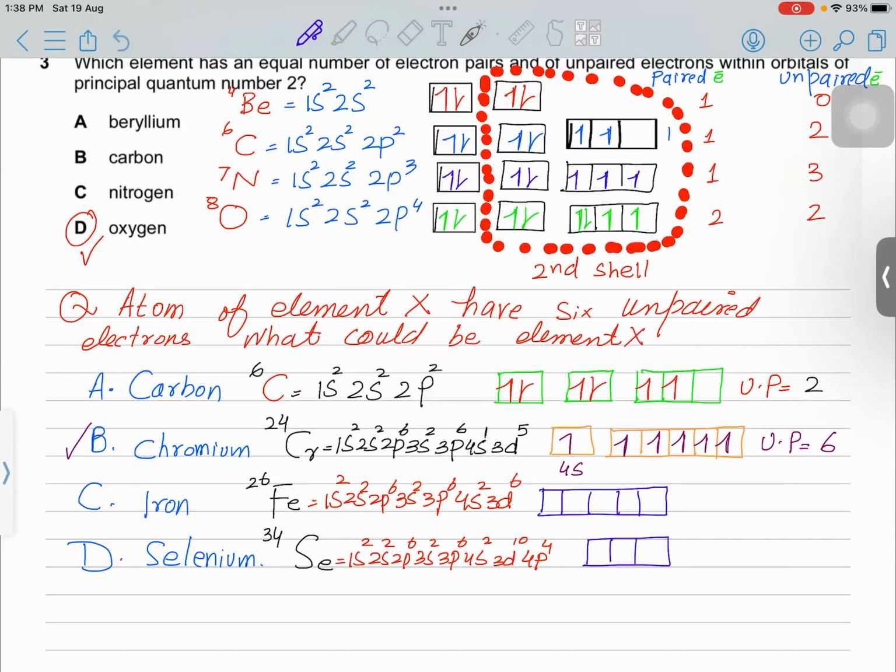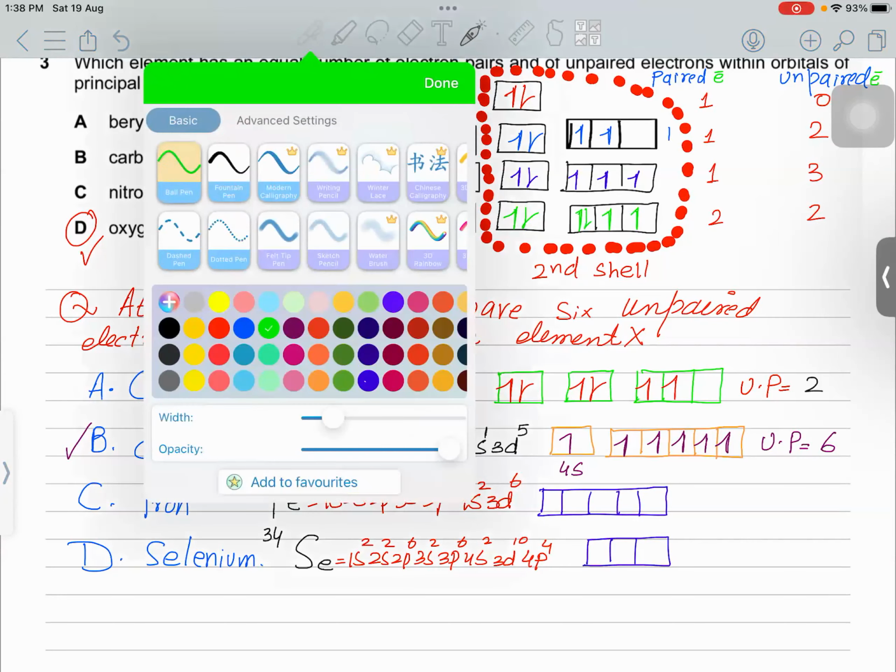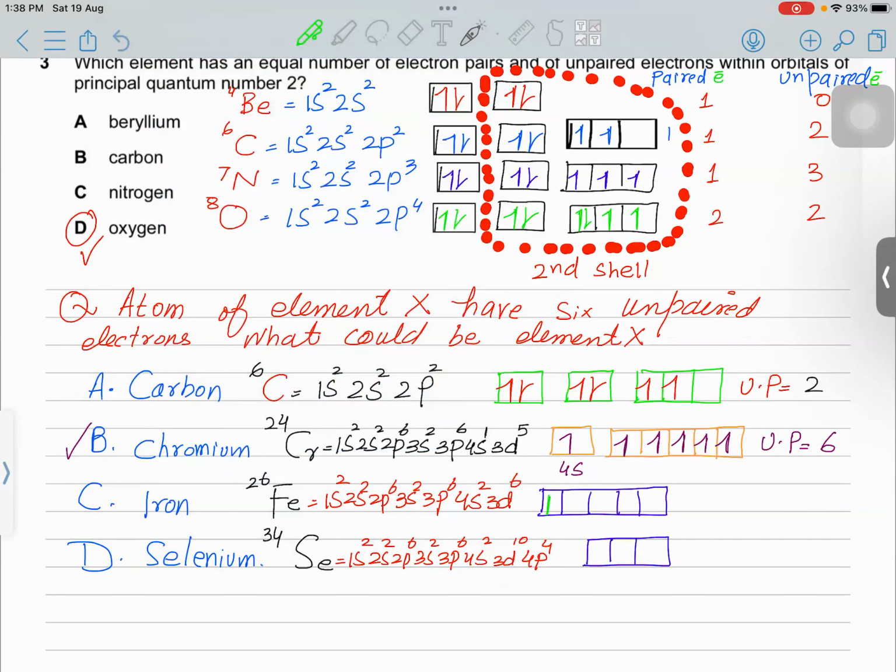Here the valence is p. There are only 4 unpaired in iron. Here 1, 2, 3, 4. How many unpaired in selenium? 2.